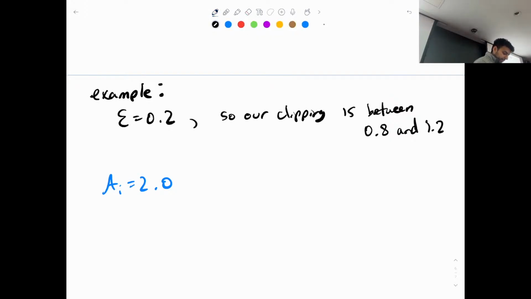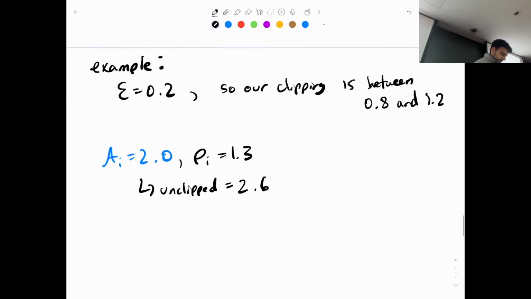So here we can look at two cases. One where the policy ratio is outside of the clipping range, right? So if we compute the policy ratio weighted advantage, the unclipped term looks like 2 times 1.3, which is 2.6.